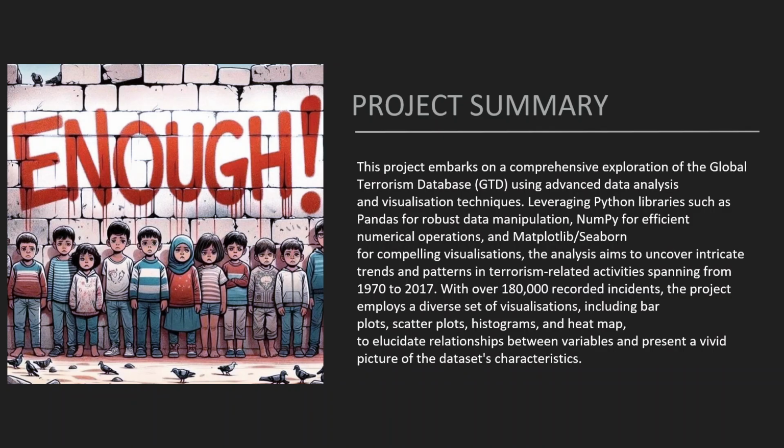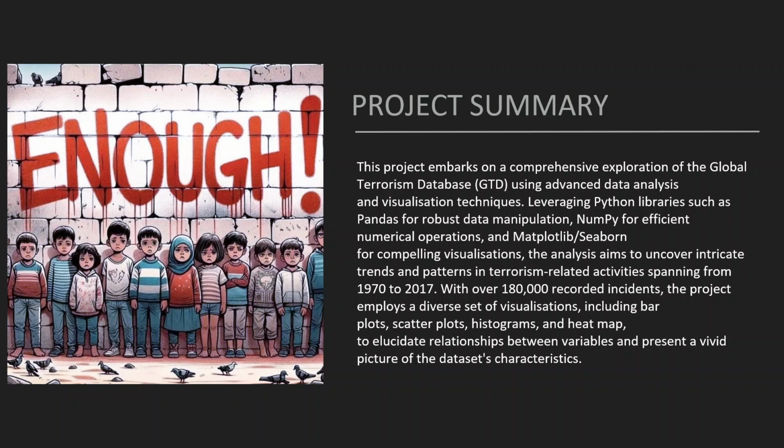Moving forward with the project summary, the project embarks on a comprehensive exploration of the Global Terrorism Database using advanced data analysis and visualization techniques, leveraging Python libraries such as Pandas for robust data manipulation, NumPy for efficient numerical operations, and Matplotlib and Seaborn for compelling visualizations.